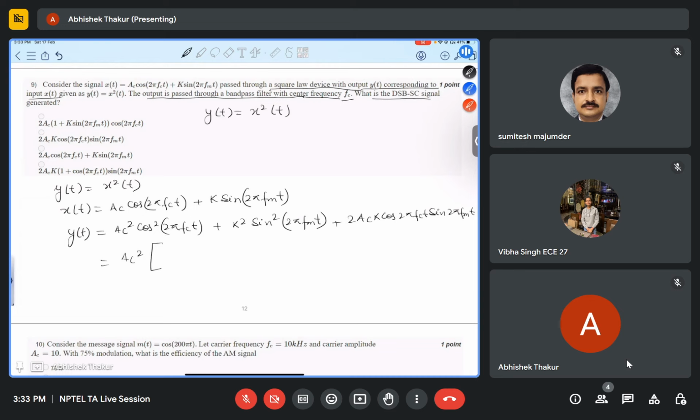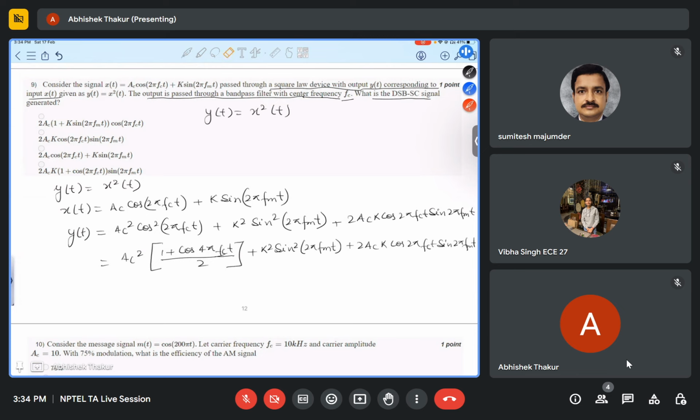So cos squared 2 pi fc t we can write as (1 plus cos of 4 pi fc t) divided by 2, because 1 plus cos of 4 pi fc t is equal to 2 cos squared 2 pi fc t, plus k squared sine squared 2 pi fm t plus 2 Ac k cos of 2 pi fc t sine of 2 pi fm t.